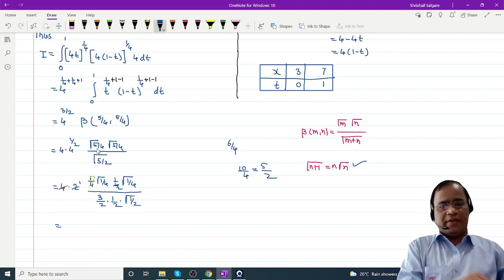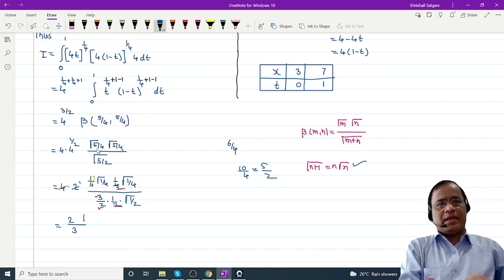It is 2 divided by 3 into, again this 1 2 cancels with this 1 2, only 1 2 is remaining, and in the denominator 3 is remaining. 2 by 3 into gamma 1 by 4 and gamma 1 by 4. I will write it as gamma 1 by 4 bracket square, and gamma 1 by 2 is root pi.